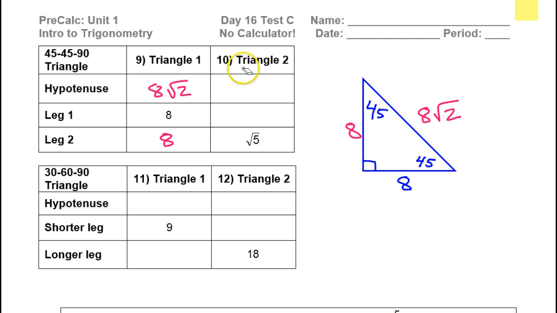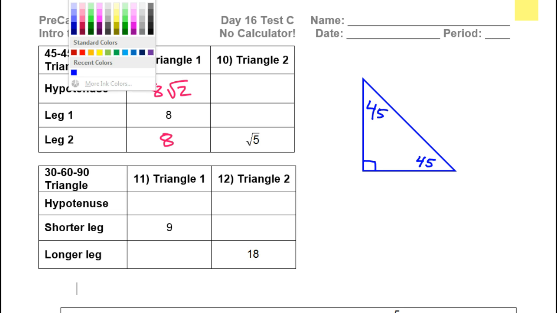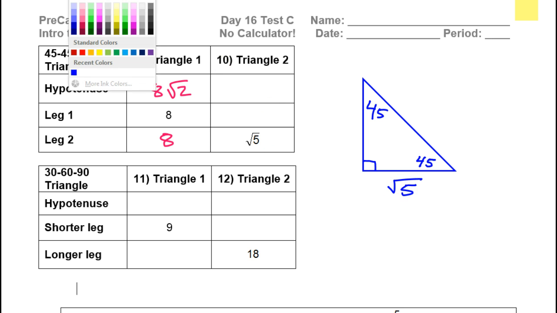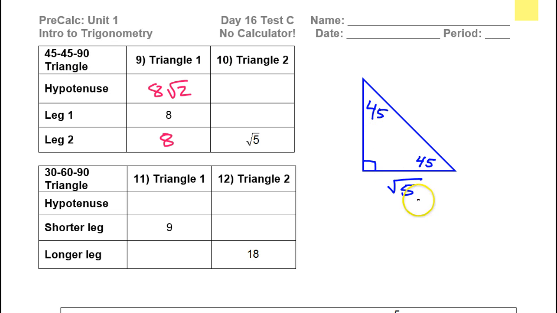Now for problem number 10, things change up a bit. This time they gave us radical 5 for one of the legs. Still, we know that these two legs should be the same. So it goes leg, leg, leg radical 2. This leg should be the same.